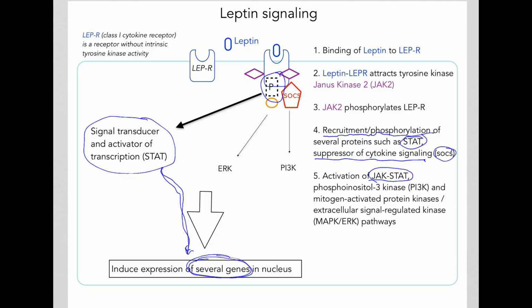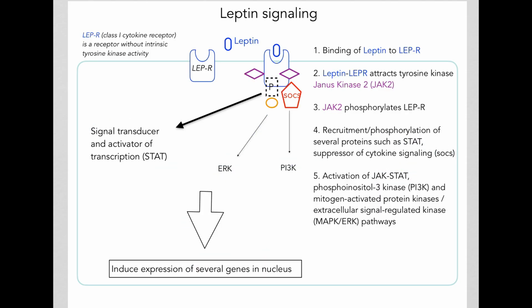So besides the JAK-STAT pathway, other pathways may also be triggered, such as the MAPK-ERK pathway, as well as the PI3K pathway. Through this, transcription of several genes will be affected, and that will lead to various biological outcomes. Some of these biological outcomes we talked about when we discussed leptin under regulation of metabolism in a previous video.